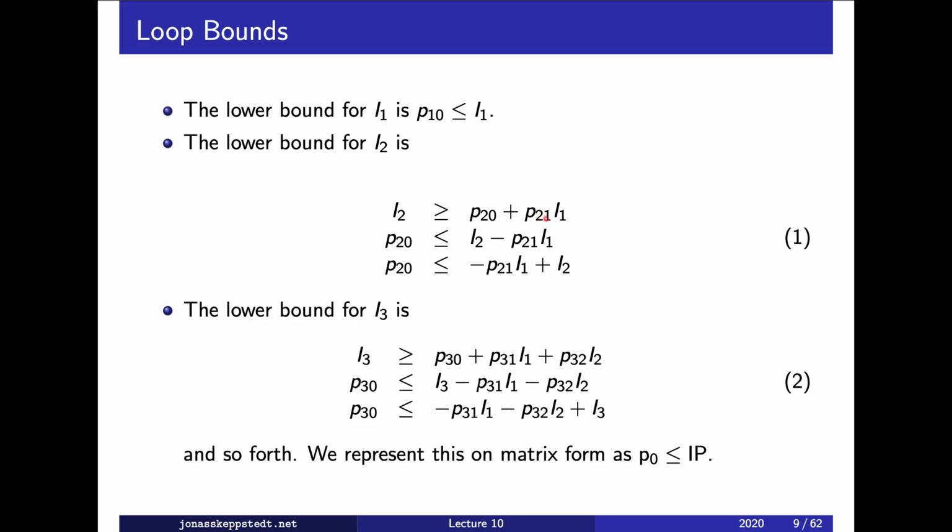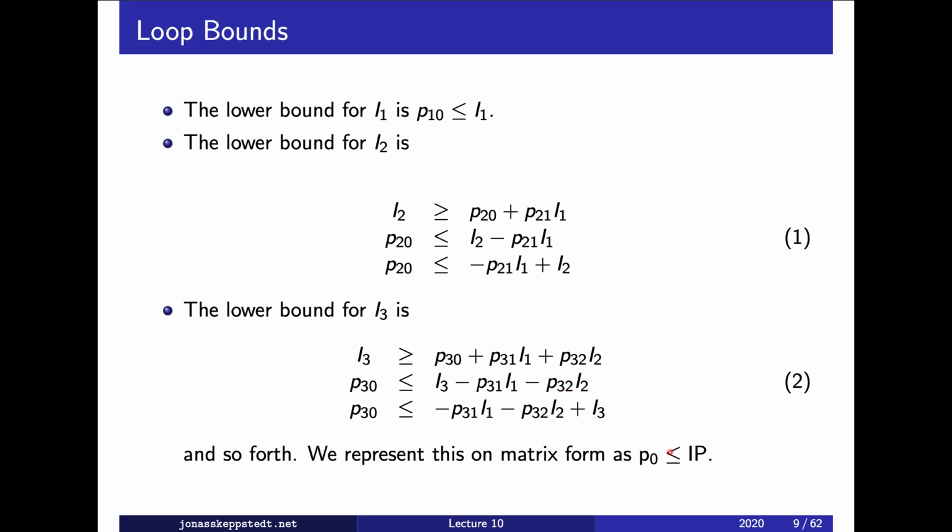What we do is that we rewrite this as follows. We just rearrange this and have the constant alone and put this like this. And we can continue with the third loop variable. So we always keep the constant here. And that makes it easier to represent the loop bounds.